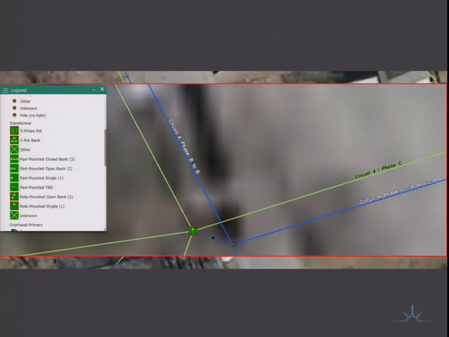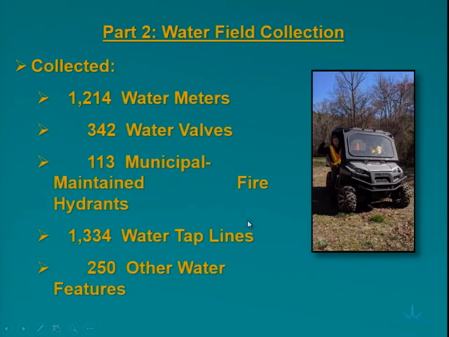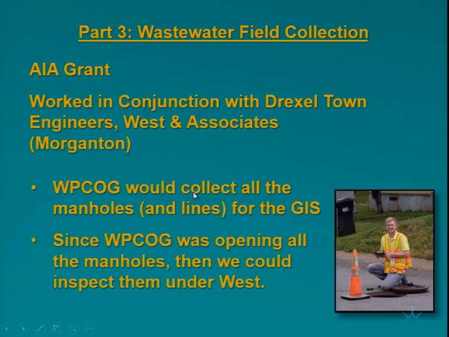And that's just a little zoom in on what that looks like. And then we collected their water: hydrants, meters, valves, tap lines. And for the purposes here, I want to focus on how we collected wastewater.